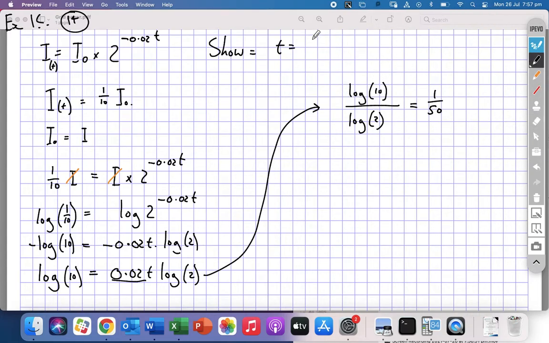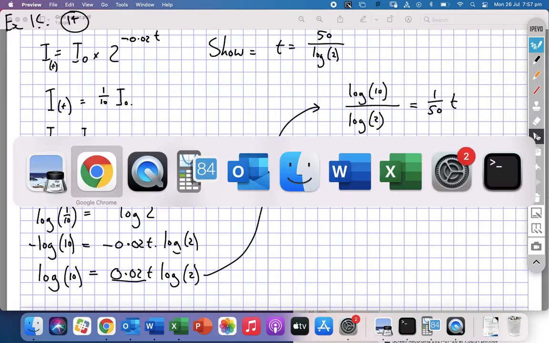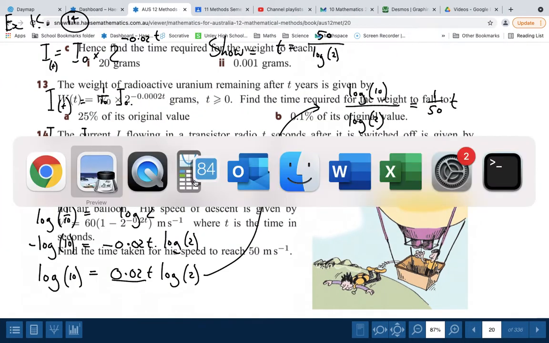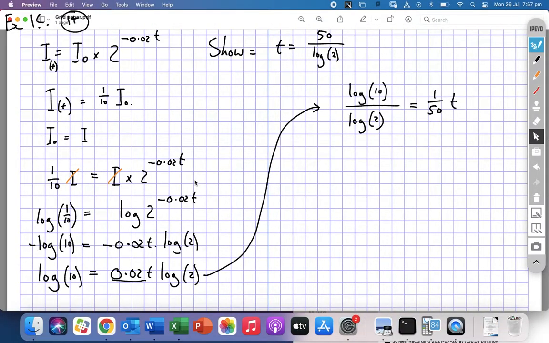Oh, it's late. It must be this. 50 on log 2. Oh, what am I doing? I can double check that. We've got a t here. Right, see, log 10 is just going to equal 1. That's going to disappear. Let me check the book, see if we're agreeing. Yeah, 50 on log 2. Sorry, my bad. I was trying to go from memory there instead of mathematics.